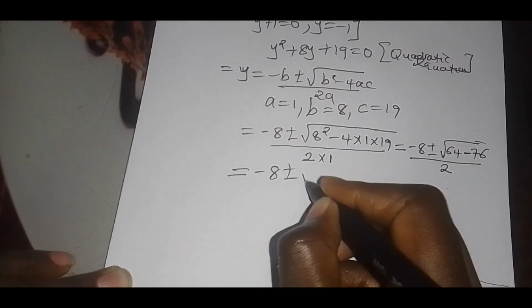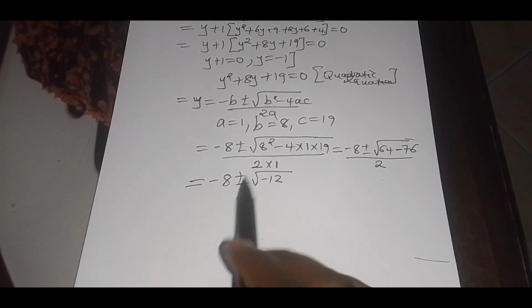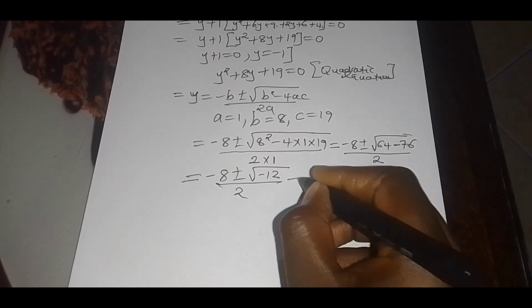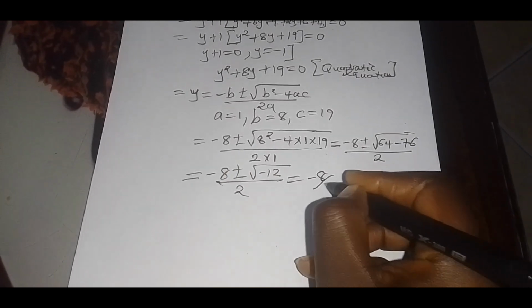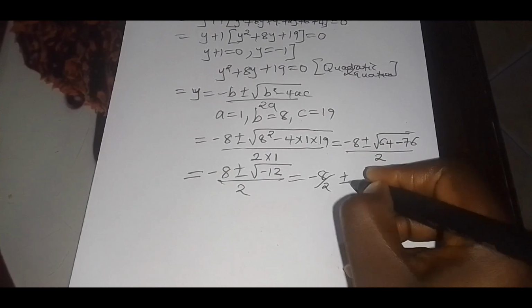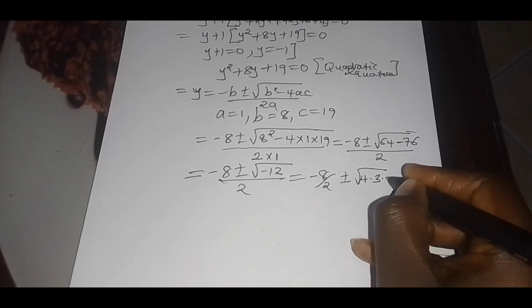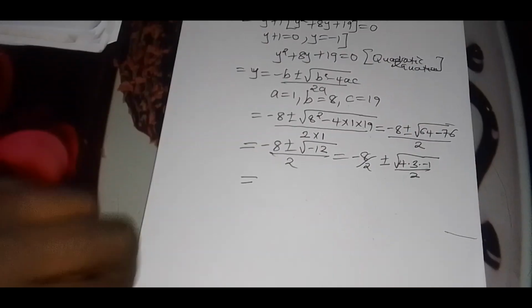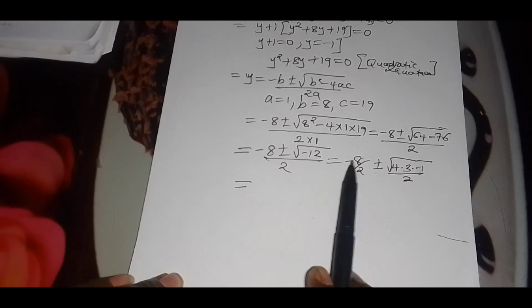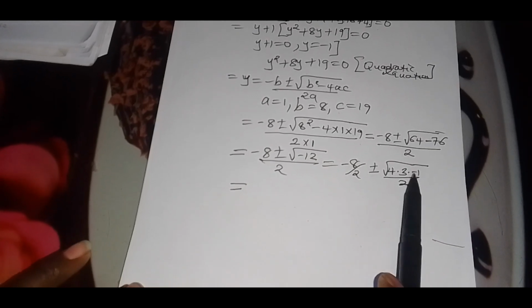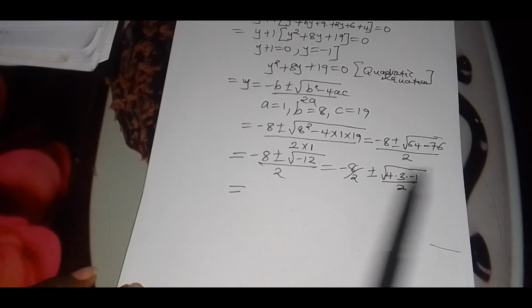So we're going to have negative 8 plus or minus the square root of negative 12, divided by 2, which you can express as negative 8 divided by 2 plus or minus the square root of 4 multiplied by 3 multiplied by negative 1, divided by 2.